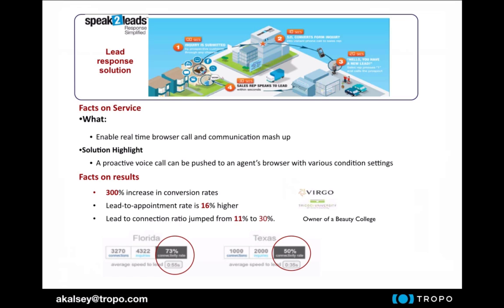So when they say yes, I can accept that lead, then it will immediately place a call to the customer and connect the two of them together. And then they could do other things like conference in managers to be able to listen and hear what's going on, and other sorts of bits as well. And their results are incredible: a 300% increase in conversion rates on these phone calls, and they're doing all of this through Tropo.